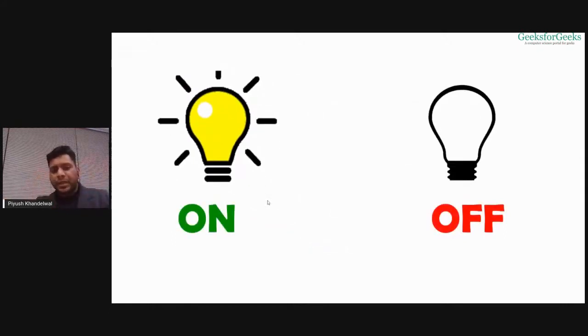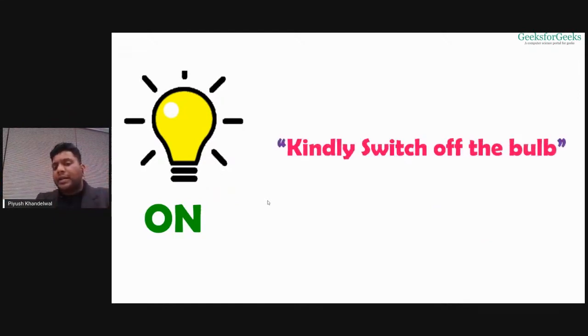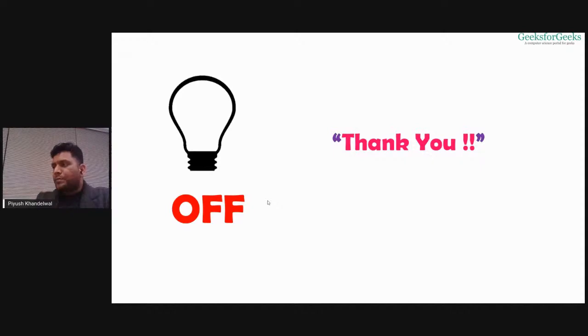Now what I need to do is write a Python program so that it prints "kindly switch off the bulb" when the bulb is in on state, and it prints "thank you" when the bulb is in off state. So I need to write a Python program which will print "kindly switch off the bulb" when the bulb is on, and it will print "thank you" when the bulb is off, right?